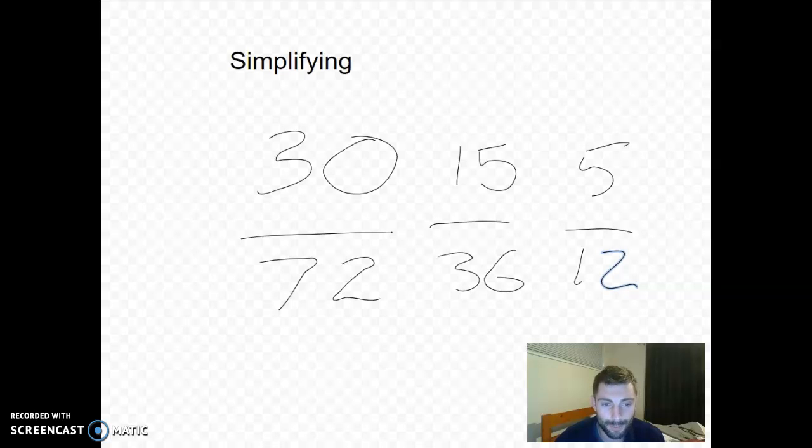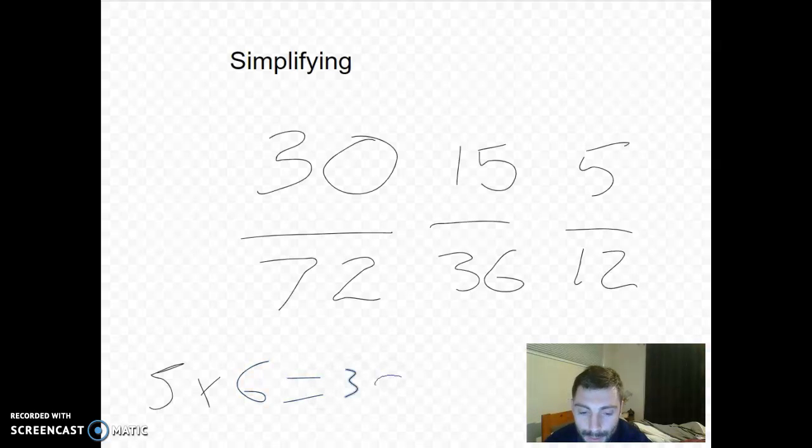That's crazy. That's whack. Our common factor, let's have a look. We must have a common factor, otherwise our simplification is incorrect. So 5 times what equals 30? Well, it's 5 times 6 equals 30. So we have to use the 6 times table again to get our 72.